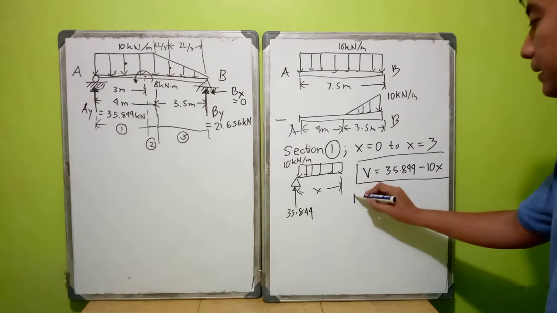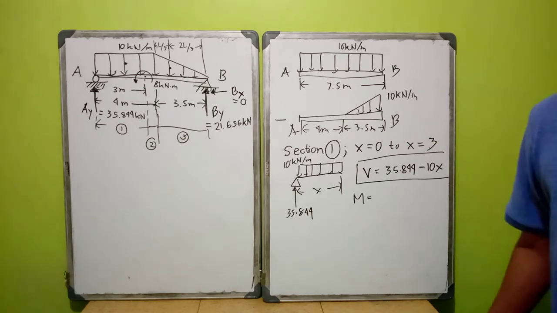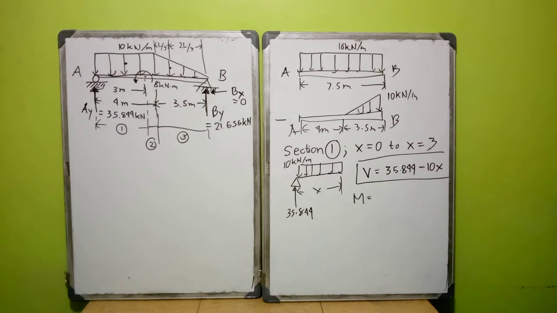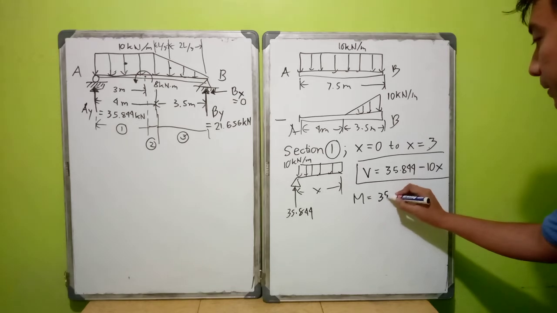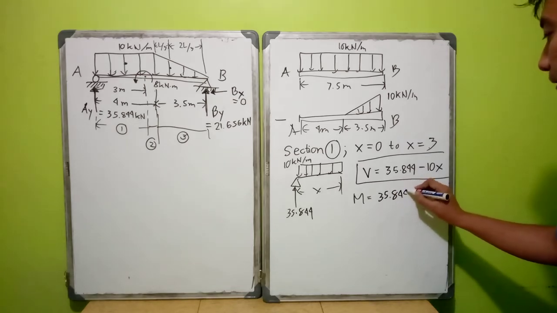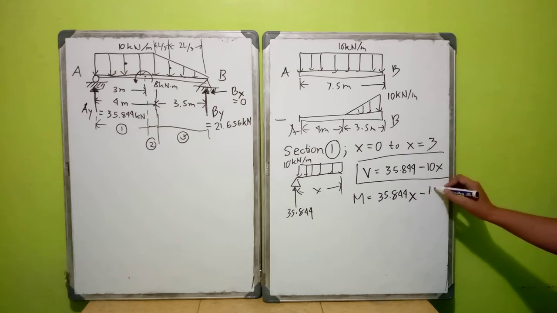What about your moment? Your moment will be equal to 35.844x minus 10 over 2 x squared.